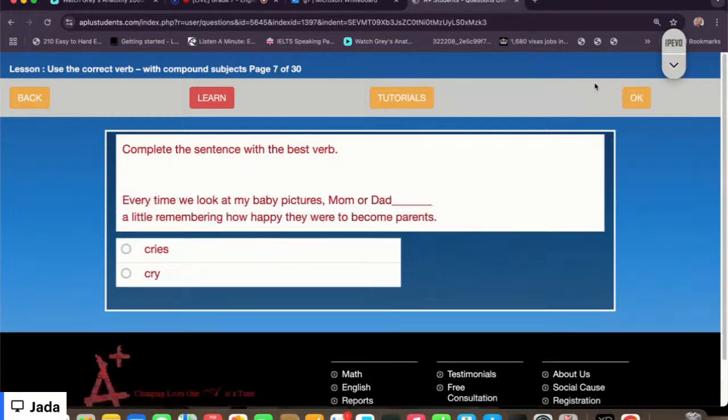Every time we look at my baby's picture, mama, dad dash a little remembering how happy they were to become parents. So what is the right one?